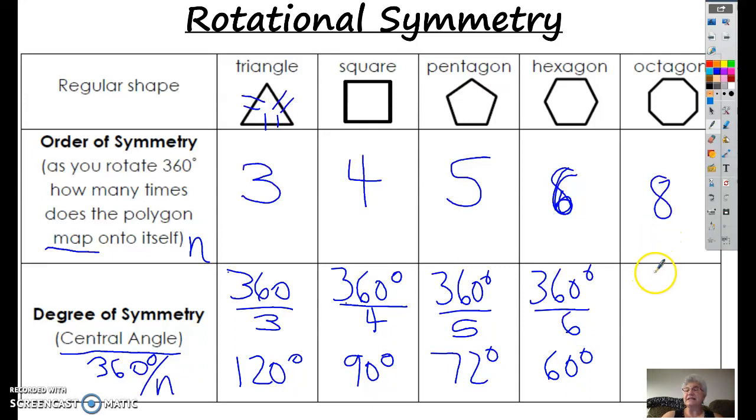And last, 360 degrees divided by 8 should be a central angle or degree of symmetry of 45 degrees. So in case you haven't done that already, you can also pause the video again to write in these order of symmetries and degrees of symmetry.